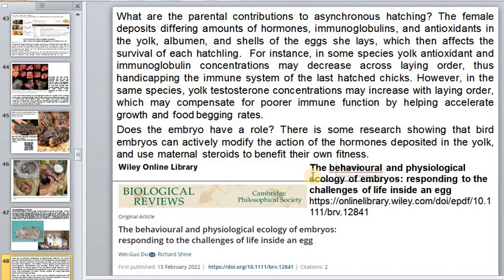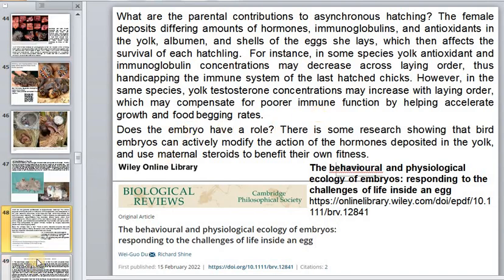What can happen, for instance, in some species? Antioxidant and immunoglobulin concentration may decrease across laying order, and of course there can be more testosterone, an anabolic hormone that controls the immune function in babies, and the embryo has a role, of course.